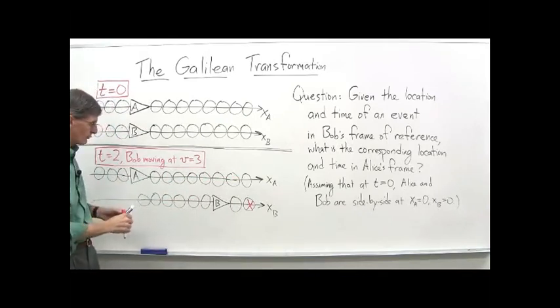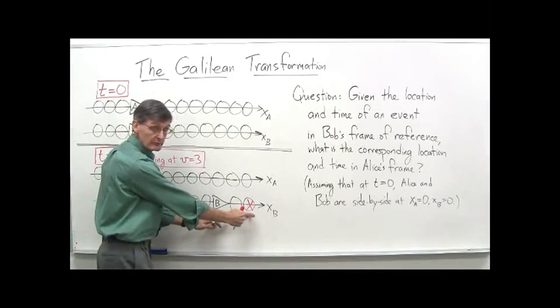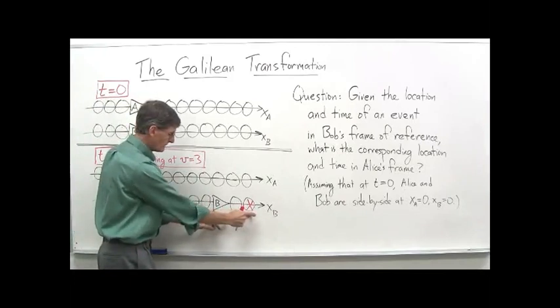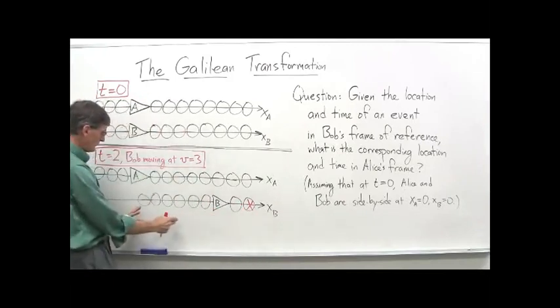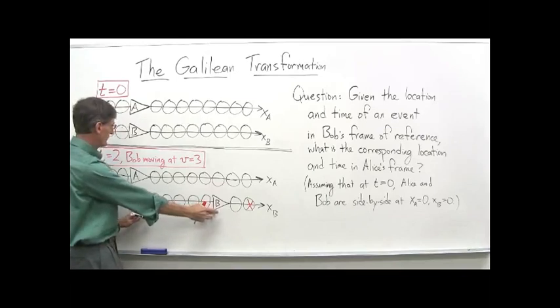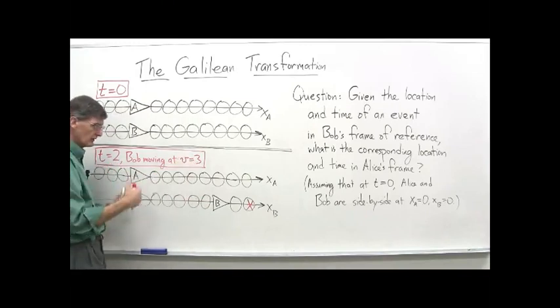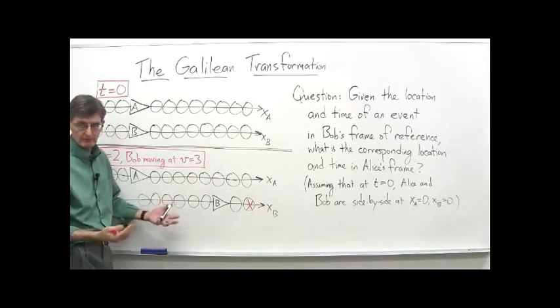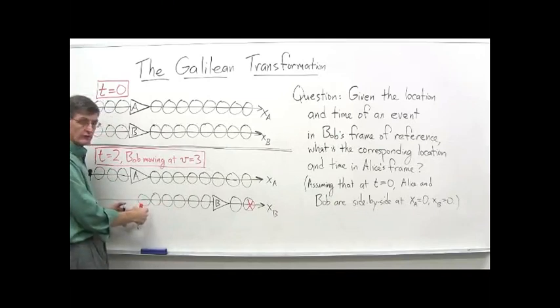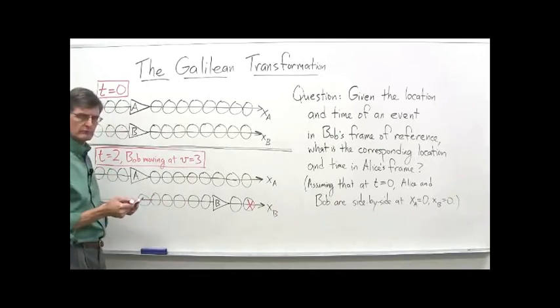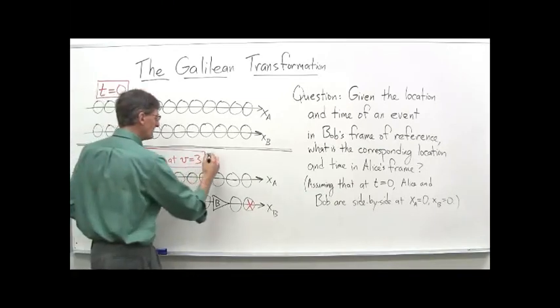So let's think about this. Bob sees it at position 2, 1, 2 there. He has moved how far? He's moved 6 positions. And we know that from the velocity times the time: it's 2 seconds, 3 meters a second. He's moved 6 meters, if meters is what we're using for our units of length here. And so there seems to be a little equation here.